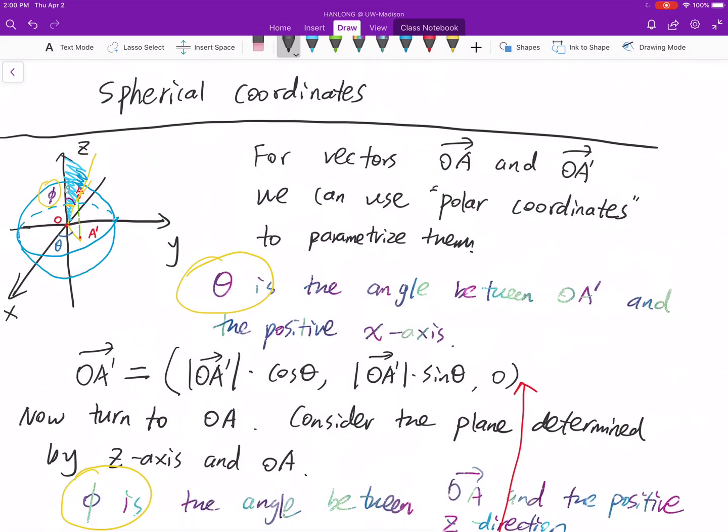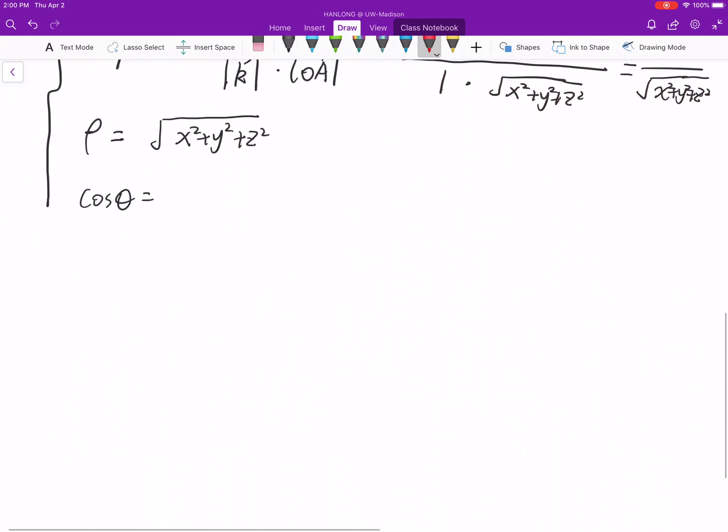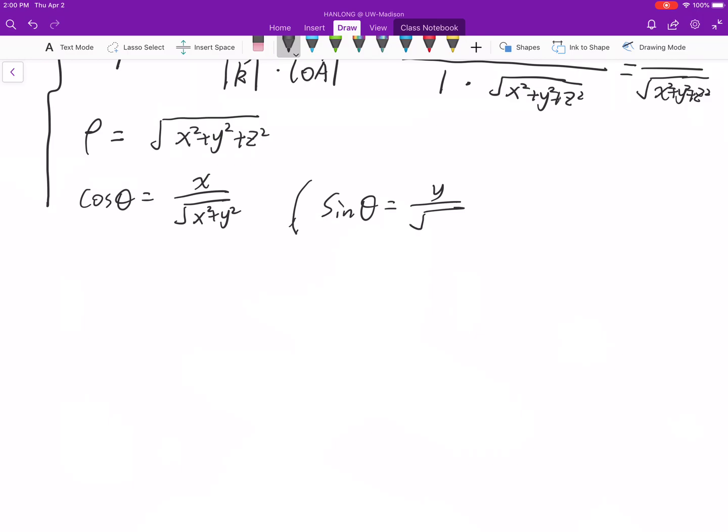Here cosine theta involves the angle between A prime and the x-axis, and the coordinates for A prime are x, y, 0. Therefore cosine theta, just by the geometry in 2D, is x divided by the square root of x squared plus y squared, and correspondingly sine theta is y over the square root of x squared plus y squared.